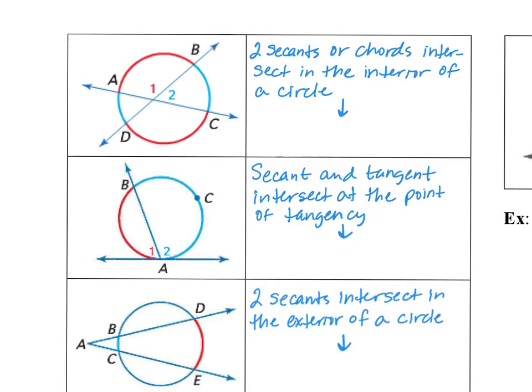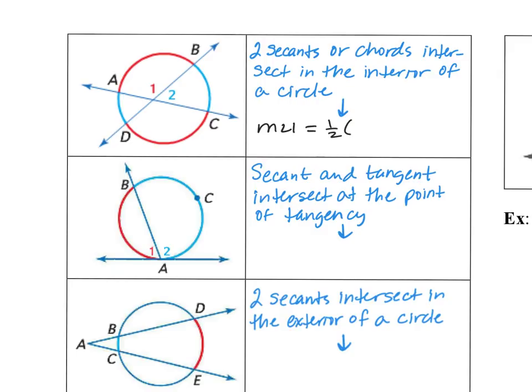So let's first of all talk about how to find the measure of angle 1. To find the measure of angle 1, we will use the two arcs that are cut off by angle 1 and also by its vertical angle. The measure of angle 1 will be equal to 1/2 the sum of those two arcs.